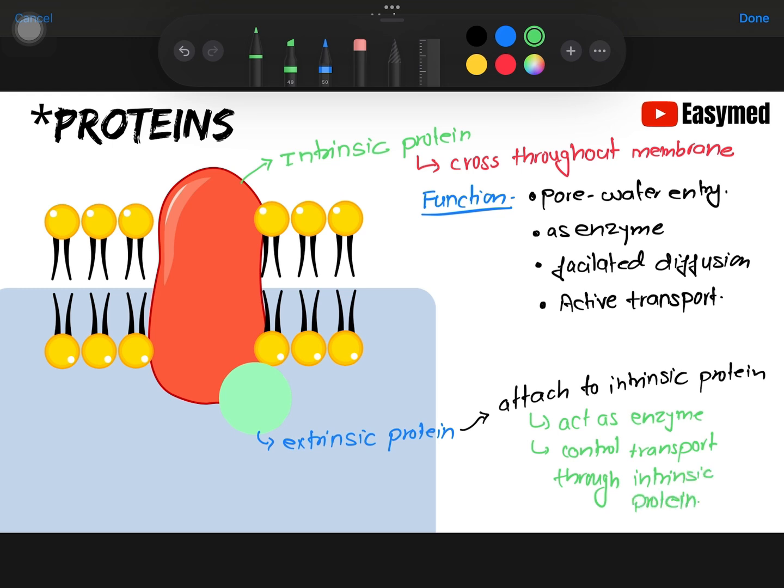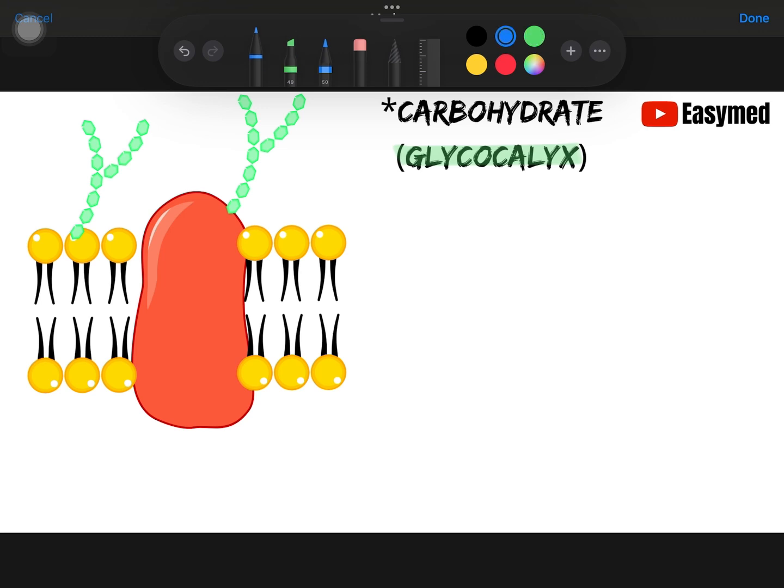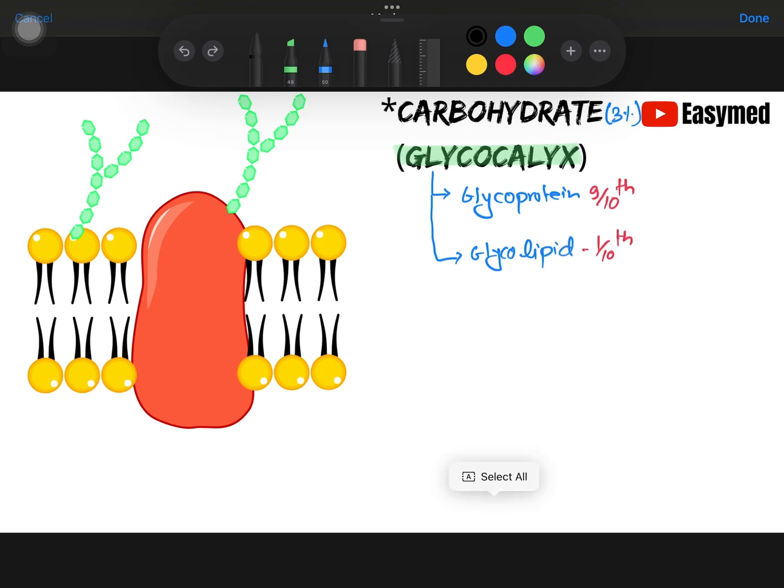And the third one is the carbohydrate, also called glycocalyx. The carbohydrate is mainly of two types. One is glycoprotein and another one is glycolipid. Carbohydrate bound with protein is called glycoprotein and bound with lipid is called glycolipid. Glycoprotein is the major one, 9/10 of total, and glycolipid is 1/10.